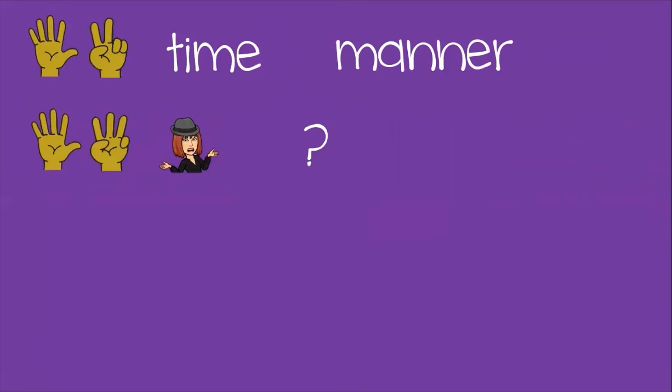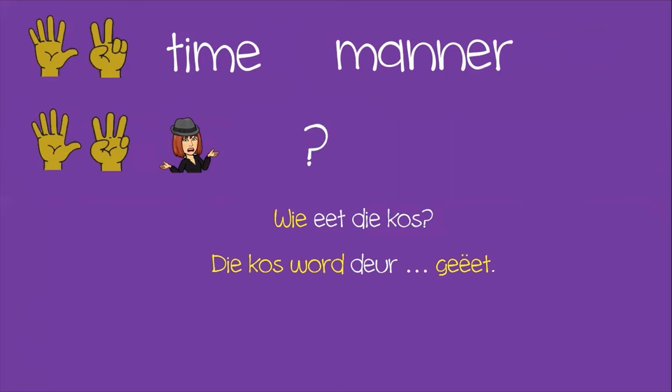Number 8. If we have a question, what do we do then? Let's look at the question. Wie eet die kos? So when we have a question starting with wie. The normal answer to that, if we knew who ate the food, would have been die kos word deur, and then the person or the thing geëet.